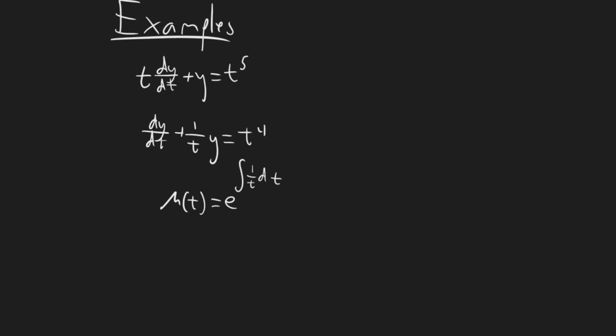So this is going to be the integrating factor, so let's actually solve this. Well, this is the same thing as e to the ln of t, because the integral of 1 over t dt is just ln of t. All right, so we know that e to the ln of t just equals t. They kind of cancel each other out.